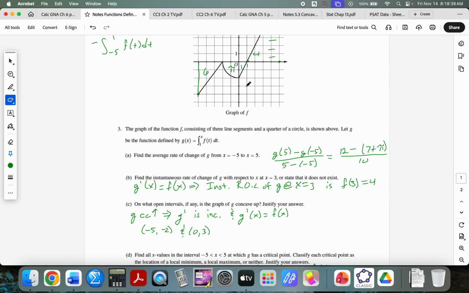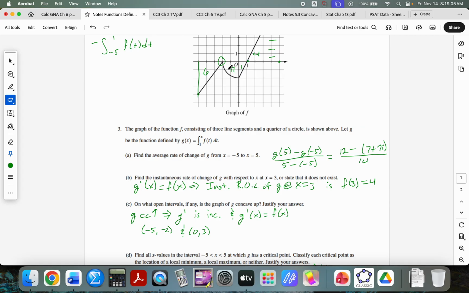What's not 0? F of x is 0 at negative 2. Because it's not differentiable. No. Okay, let's review.